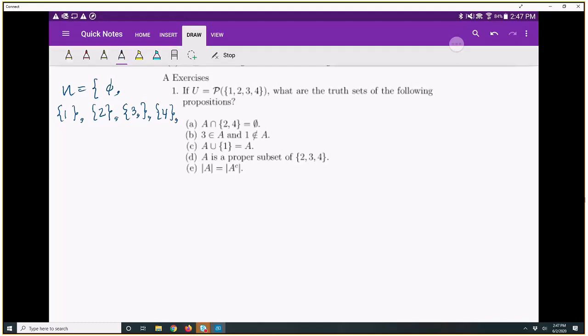We also have the doubleton sets, {1, 2}, {1, 3}, {1, 4}, {2, 3}, {2, 4}, and {3, 4}.